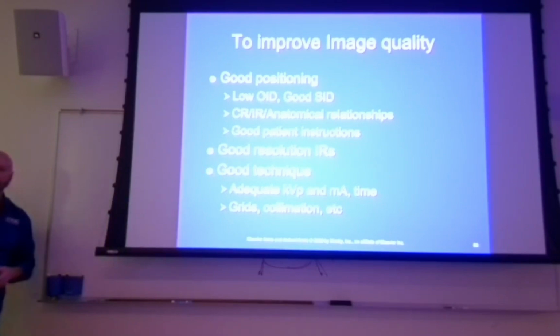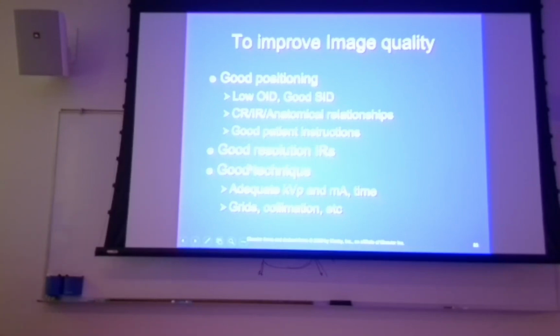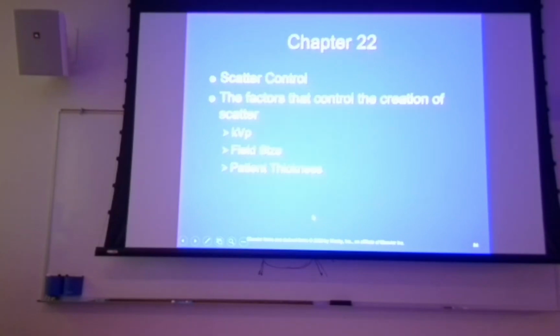Just make sure your central ray angulation is right and in the proper orientation to your image receptor and your anatomy. Good patient instruction, good resolution image receptors, good technique, adequate KVP, adequate MA, shortest time possible, and use grids or collimation where appropriate.